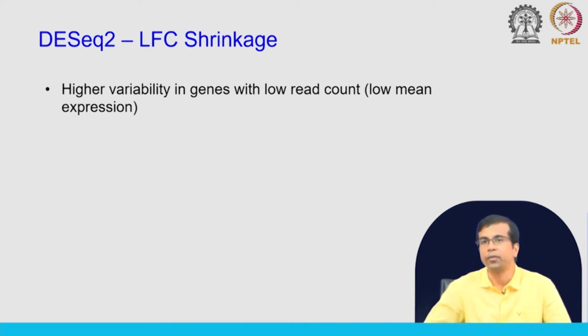So, you are sampling from that pool, and for genes that are underrepresented or have low expression, there is likely to be higher variation between replicates. When you are sampling, in some replicates you might get 10 reads, in some you might get 5 reads, in others you might get 2 reads. So, this is what we see: higher variability in genes with low read count.